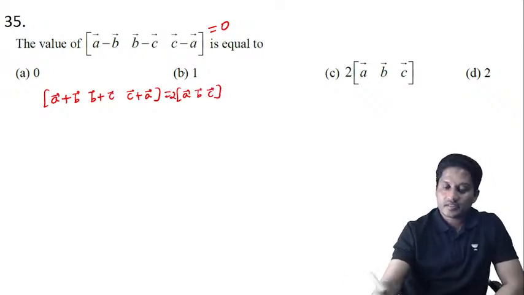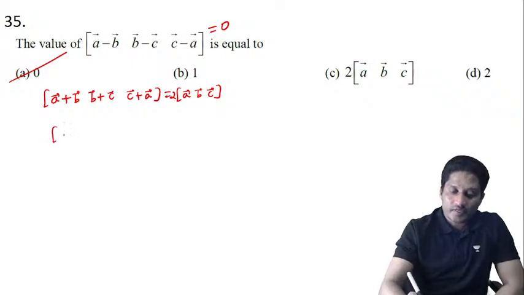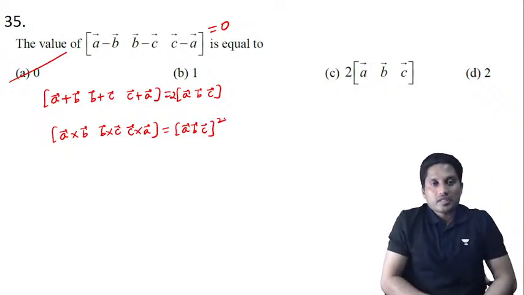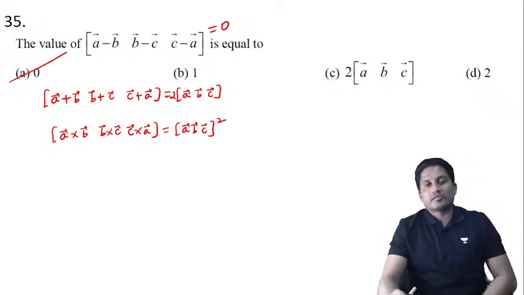Is it okay, guys? Similarly, if I have box of A cross B, B cross C, and C cross A, this will be equal to box of ABC the whole square.